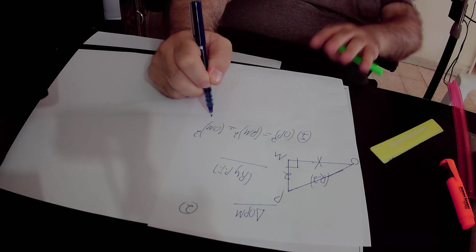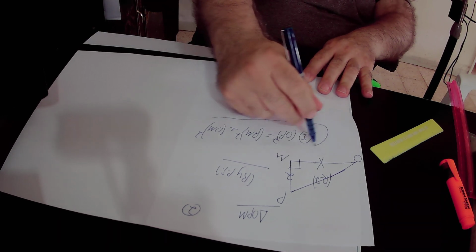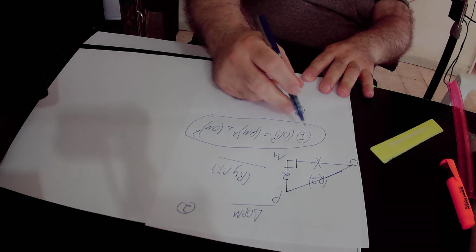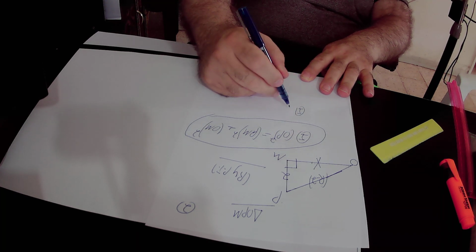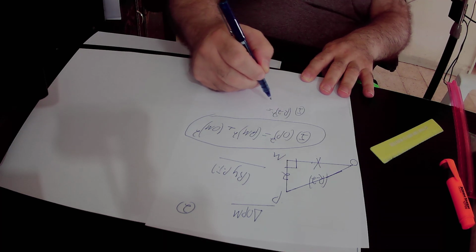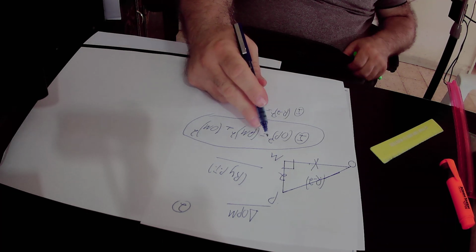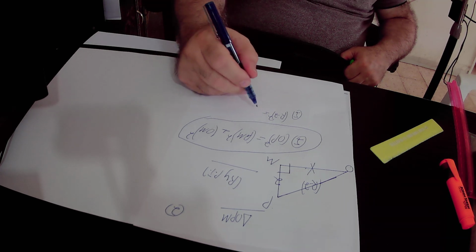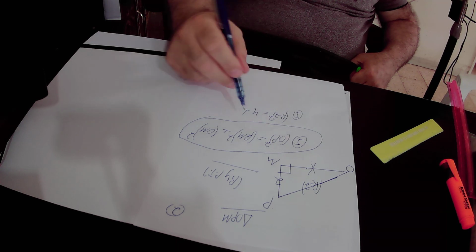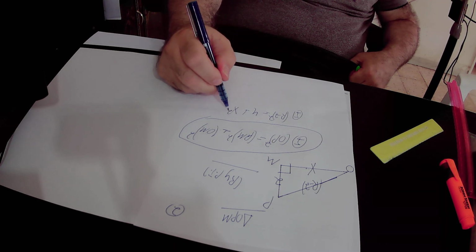I repeat again, according to the Pythagoras theorem, OP squared equals PM squared plus OM squared. OP equals R minus 2, so OP squared is R minus 2 squared. That is equal to PM squared. PM is 2, so PM squared is 2 squared, that is 4, plus OM squared. OM is X, so OM squared is X squared.